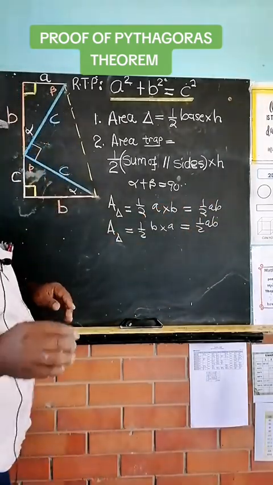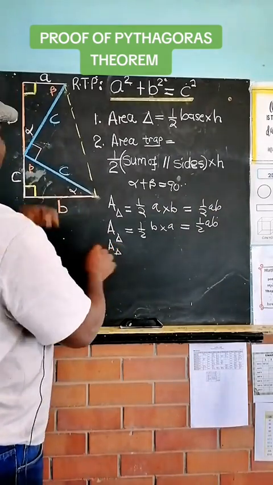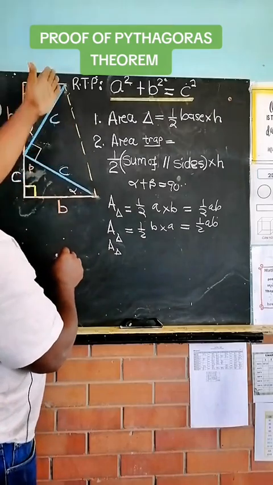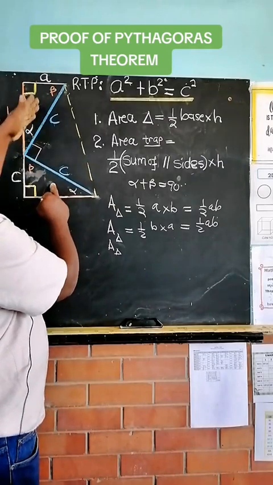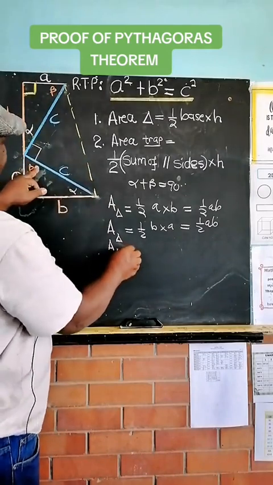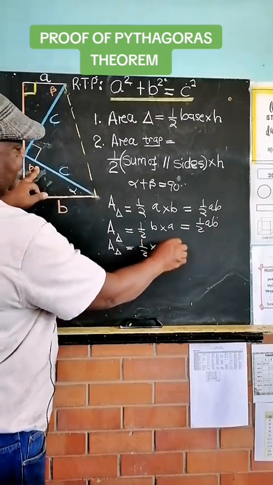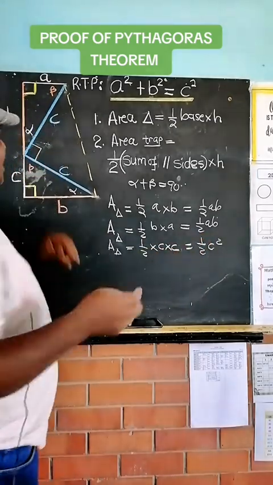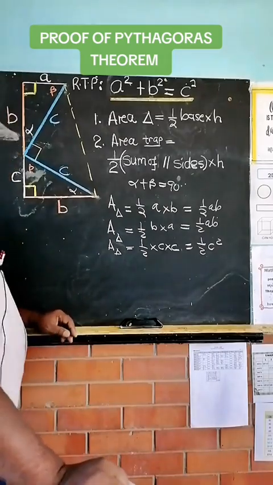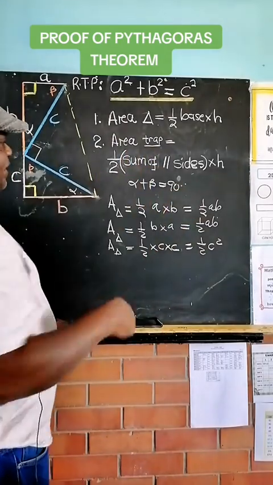What about the area of this other triangle that has been formed by joining like this? Your base is going to be C, your height is C. So the area of that triangle should be half of base multiplied by height, which is half of C squared. Now, I am going to add the areas of all the three triangles.